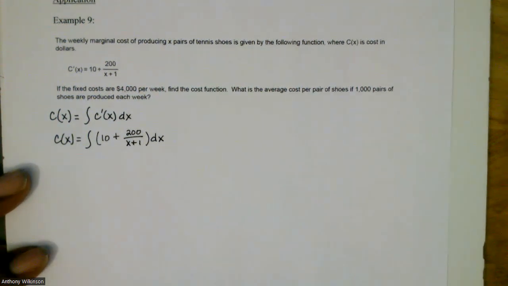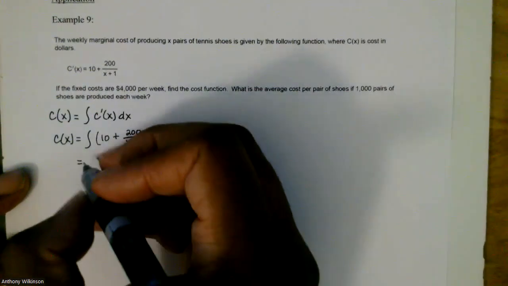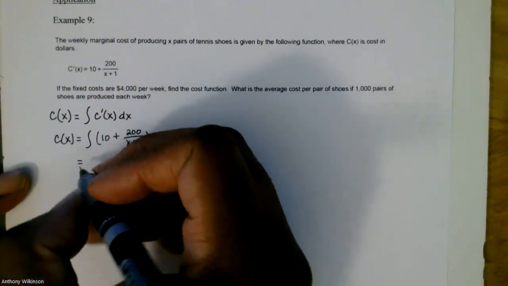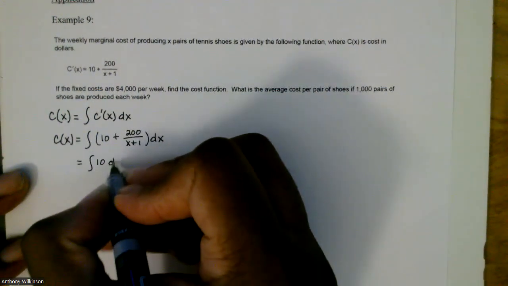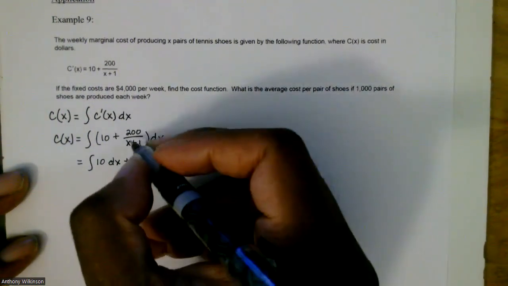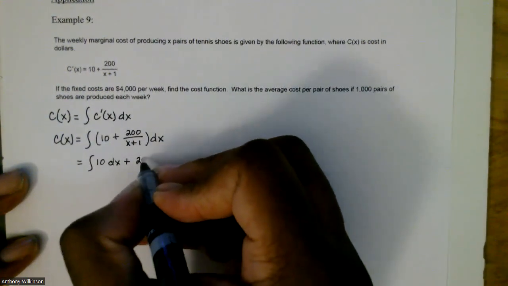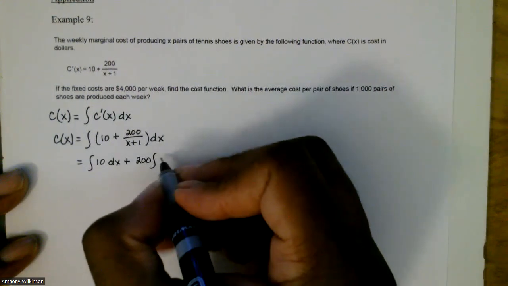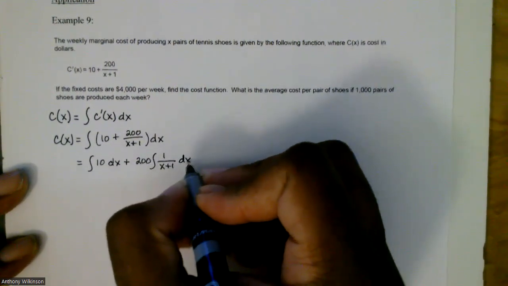Now here I can integrate each piece, each term. So this will be the integral of, say, 10 dx plus the constant of 200 I can pull on the outside as 200 times the integral of 1 over x plus 1 dx.